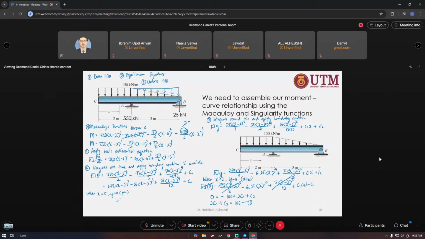So EI y, 0 once again, 275 times 5 minus 2 cubed divided by 3 minus 6.25 times 5 to the power of 4, and plus 5 times 5 minus 2 to the power of 5 divided by 12, plus C1 times 5, plus C2. So this is 0.